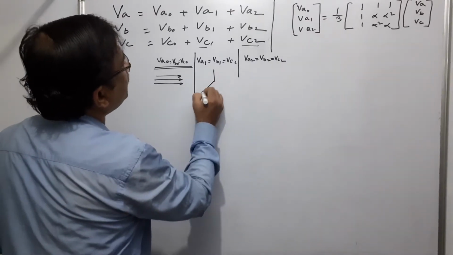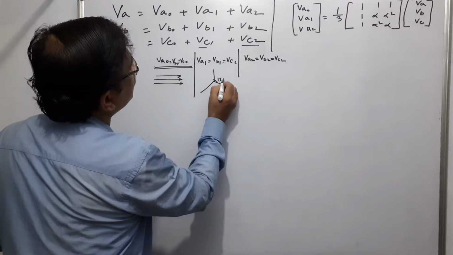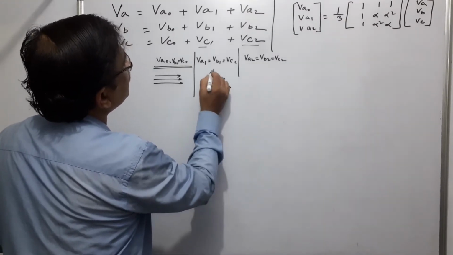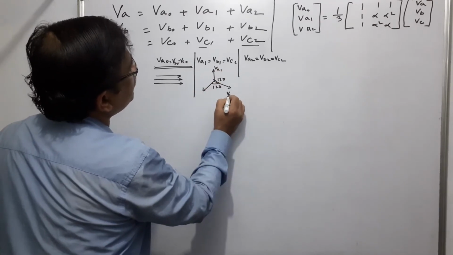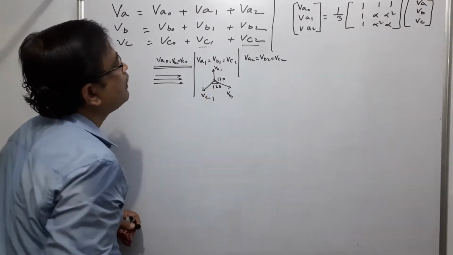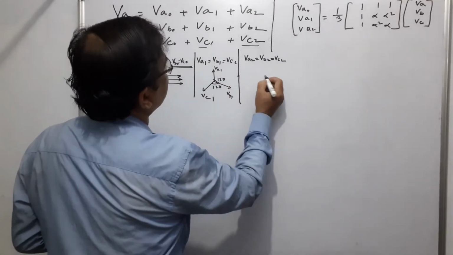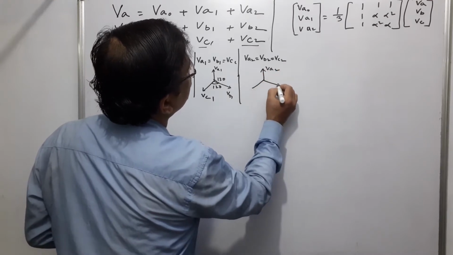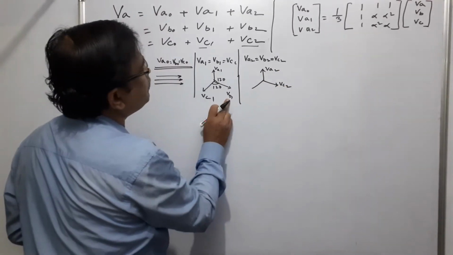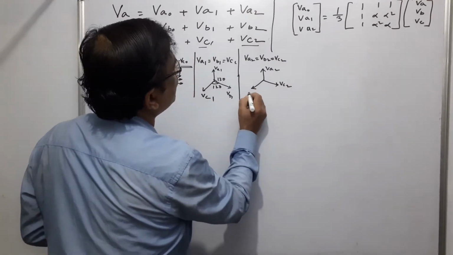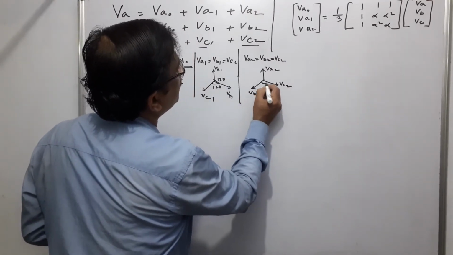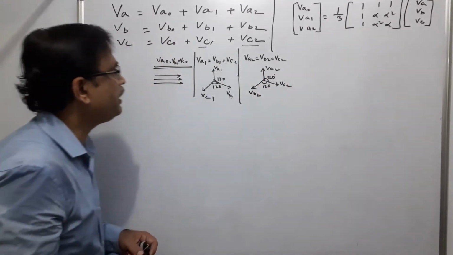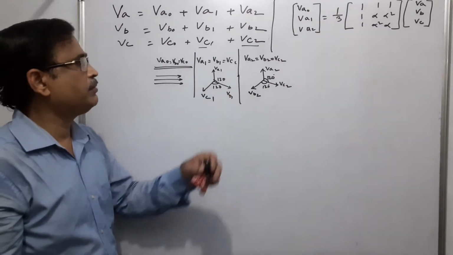But the positive sequence VA1, VB1, VC1 maintain 120 degrees apart with the same magnitude. For the negative sequence the sequence is opposite, VA2, VC2, VB2, but here also the angle will be 120 degrees. So these two are symmetrical systems.